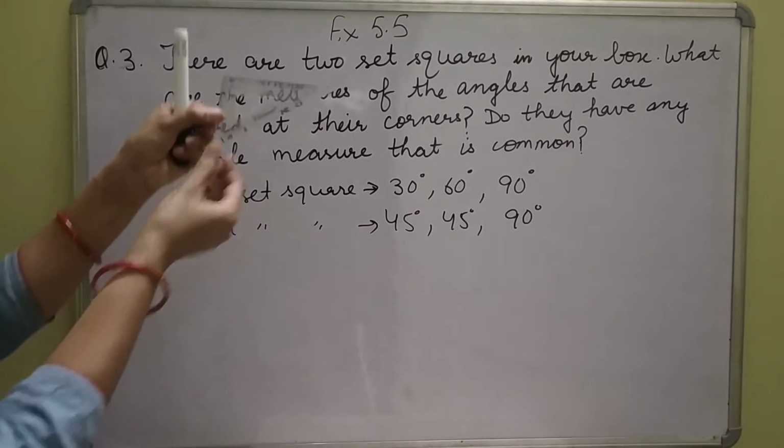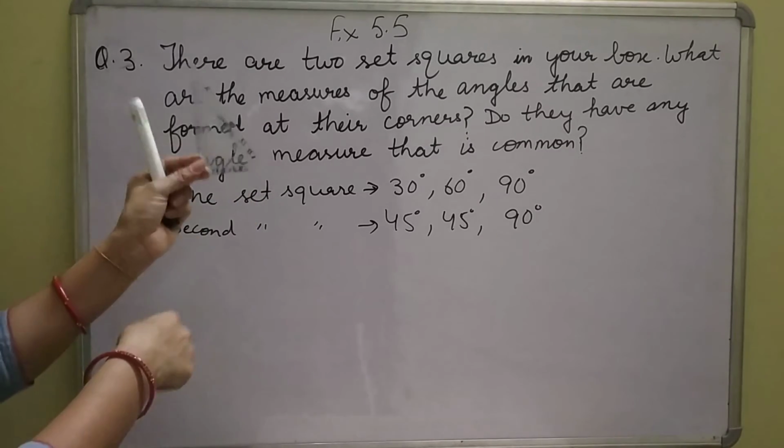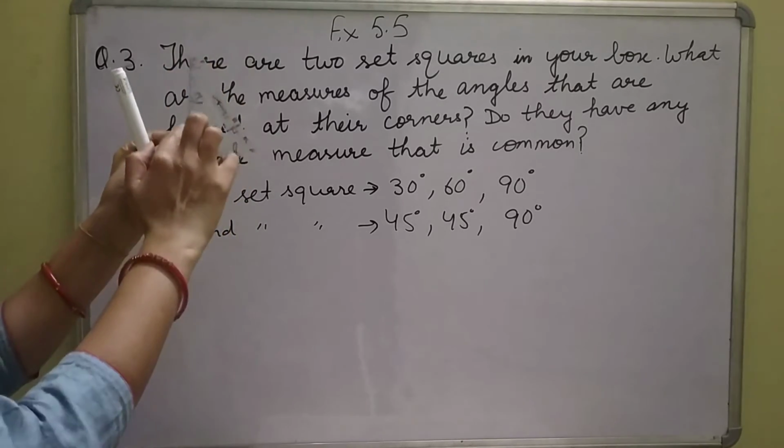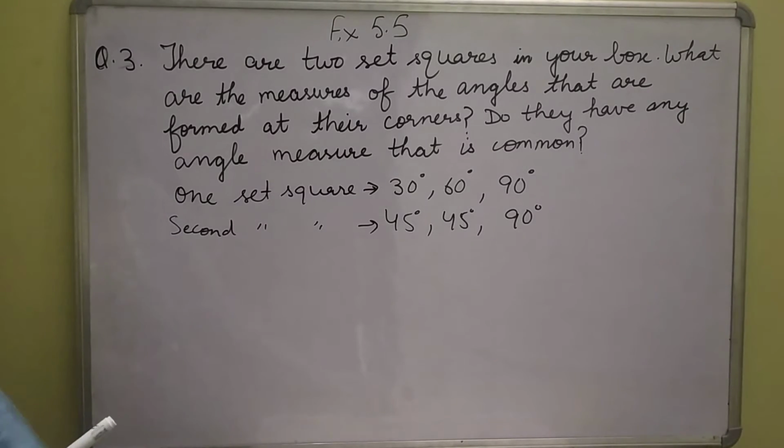And in this one, along with 90 degrees, one side is small and one is big, so one is 30 degrees and one is 60 degrees.